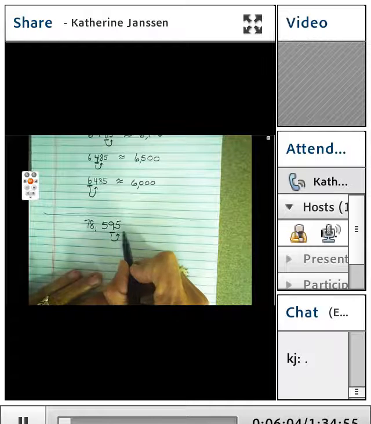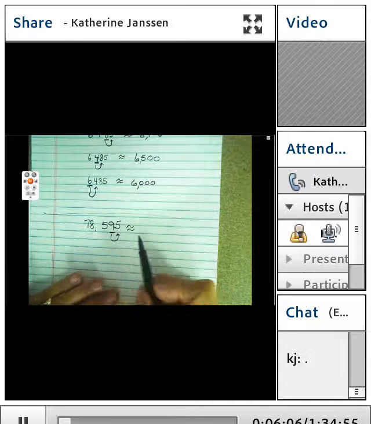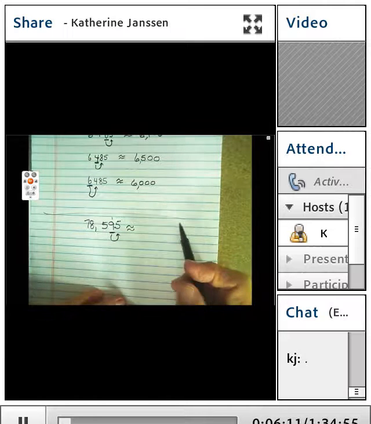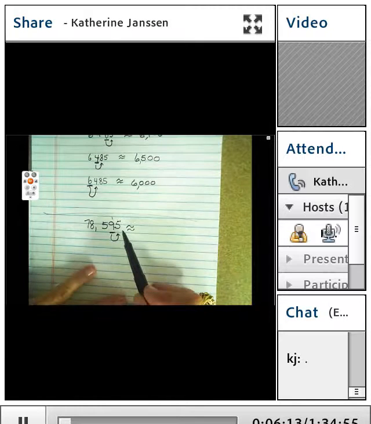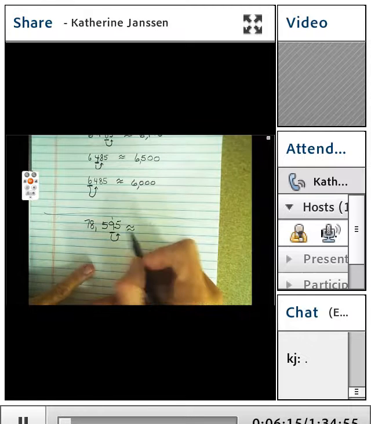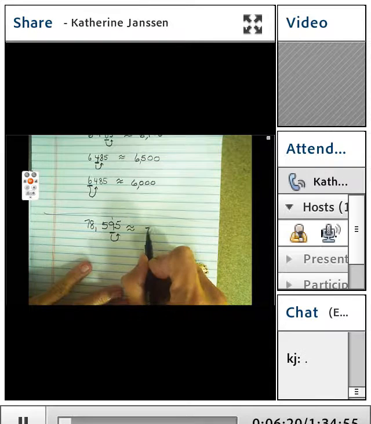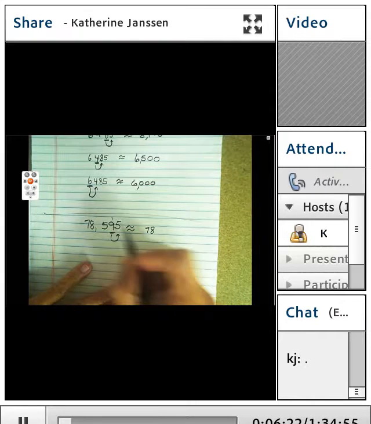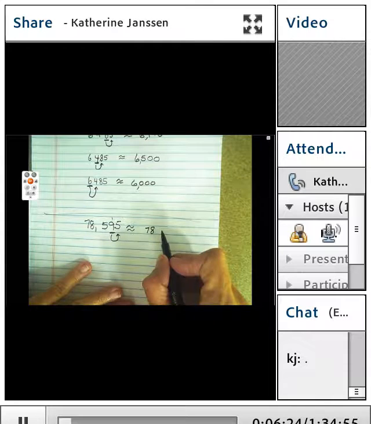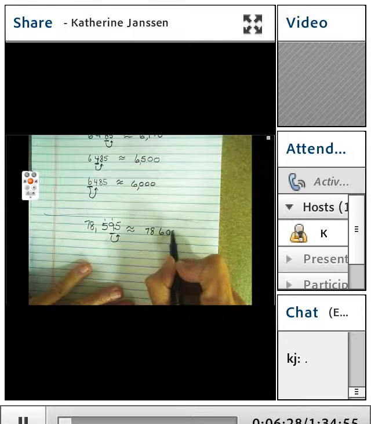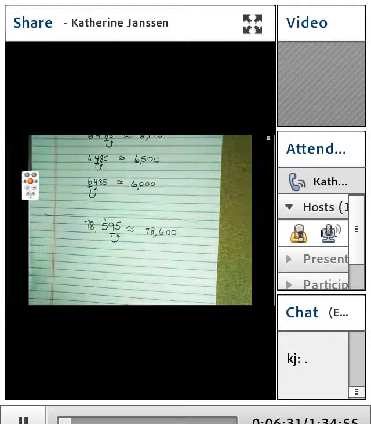If it's 5 or greater, we're going to add 1 to the place value that we're rounding to, and then trailing 0. This is 5, so we're going to add 1. 78,59, but 9 plus 1 is 10, so that adds 1 here, so I get 600. 78,595 rounded to the nearest 10 is approximately 78,600.